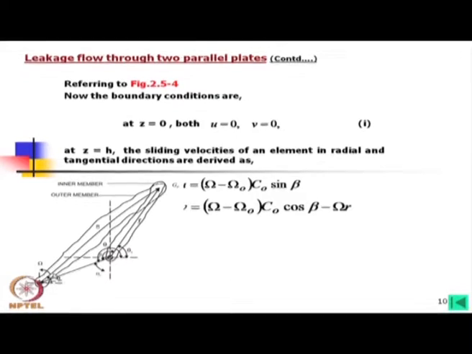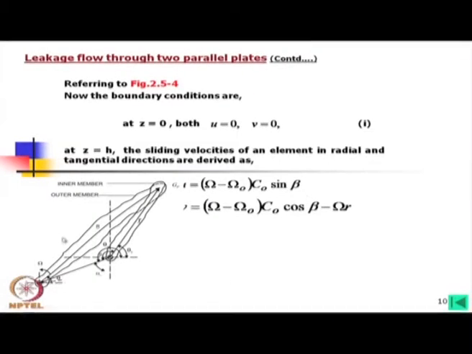Now, what is omega? This plate is rotating at the speed of omega and the other one is rotating at omega 0. This omega and omega 0 have a definite relation, though we have not described the motion of this plate, but this equation you have to accept.